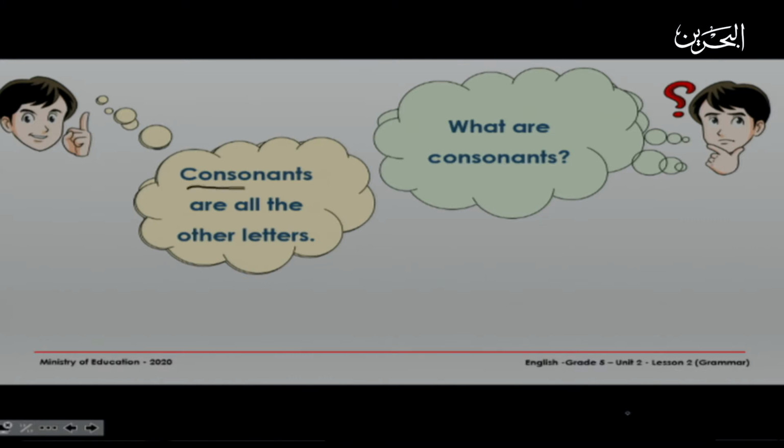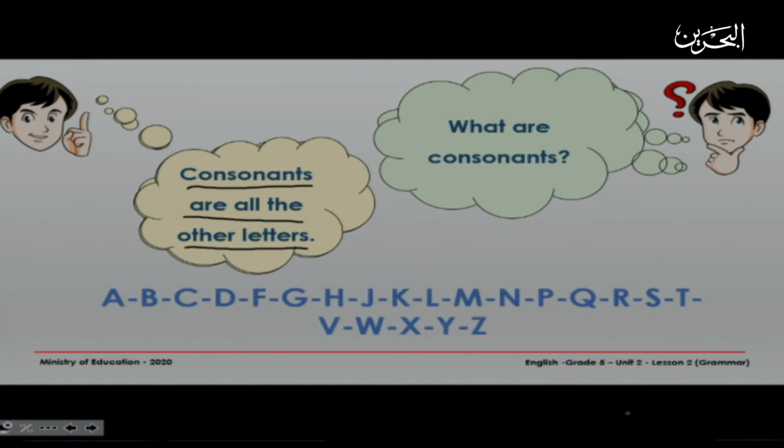Consonants are all the other letters, which are B, C, D, F, G, H, J, K, L, M, N, P, Q, R, S, T, V, W, X, Y, and Z.